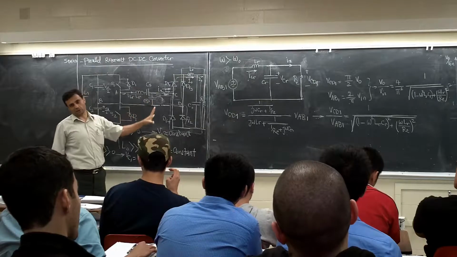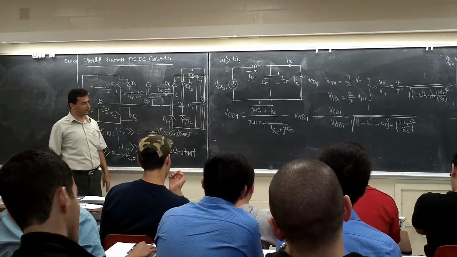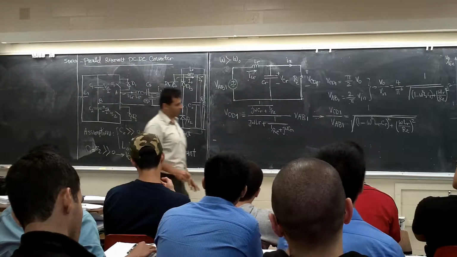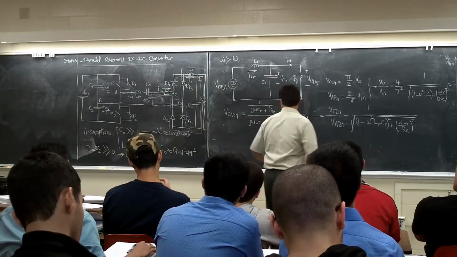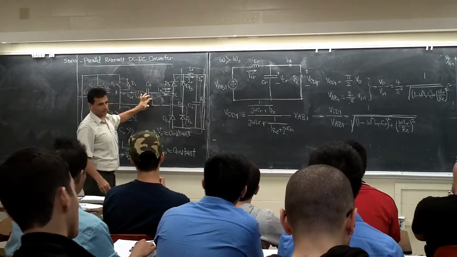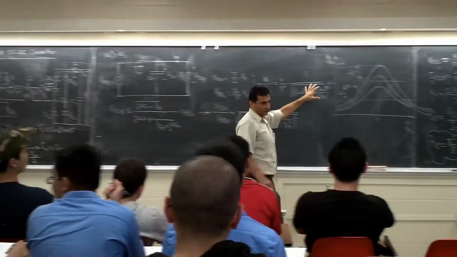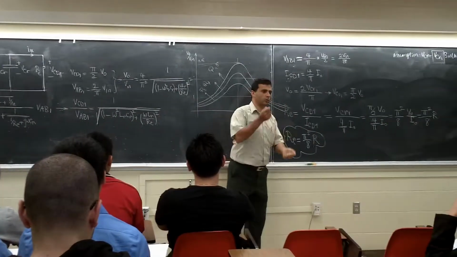So the discussion is very, very similar to what we have for the parallel converter. The only thing at the end is this one. For the series parallel, see, 1, 2, 3 capacitors, right? These curves are going to change. You are going to have more tools to change these curves.